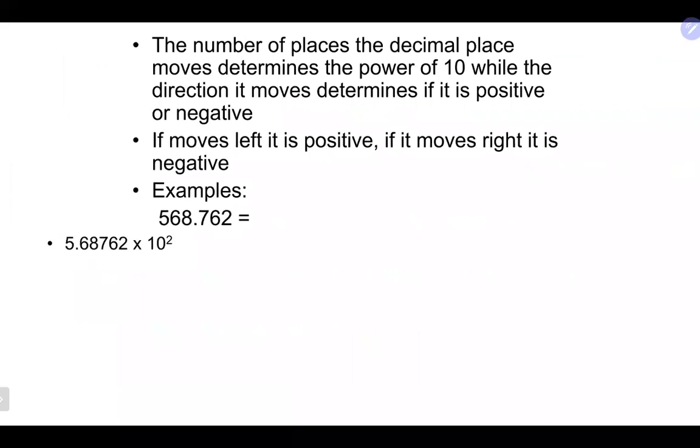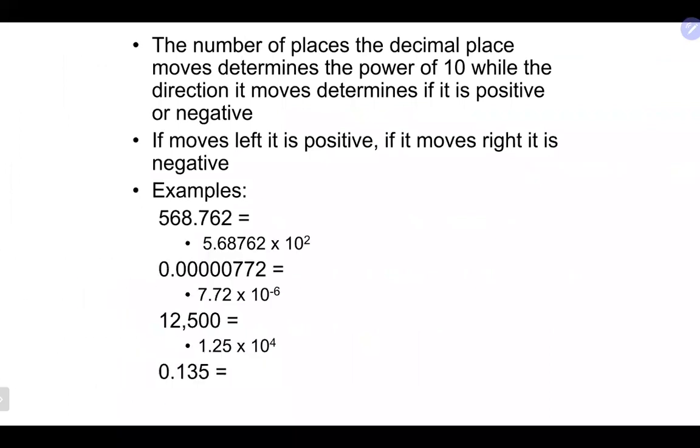All right. So let's take a look at some of these, turning them into scientific notation. Here, 568, we need to go 1 and 2 places to get to 5.68 times 10 to the 2. In this case, we need to move the decimal place 1, 2, 3, 4, 5, and 6 places to get to a number between 1 and 10.